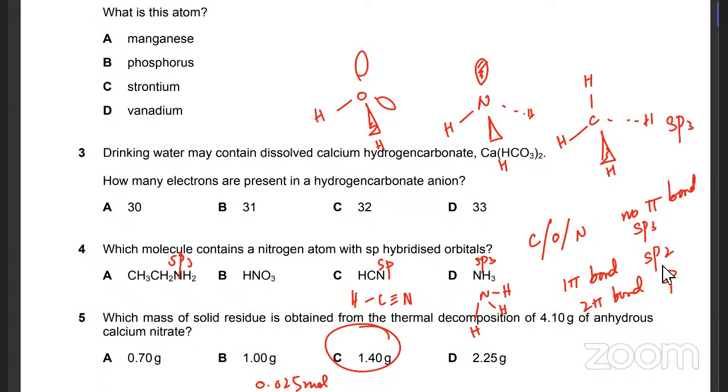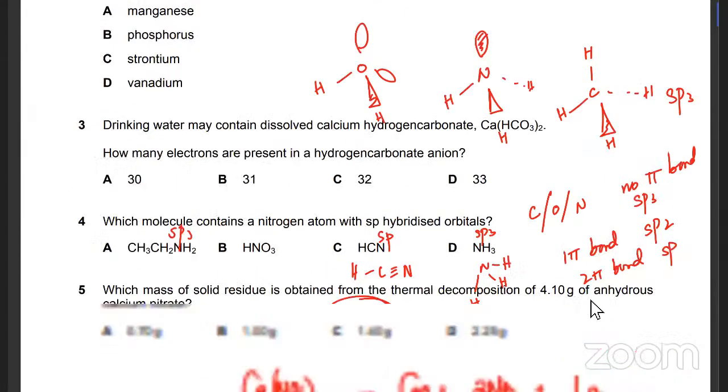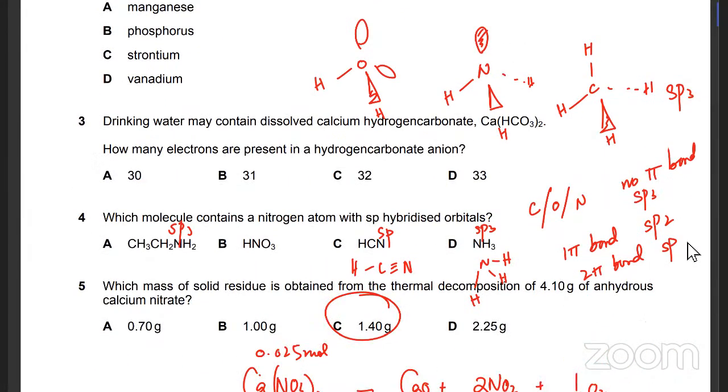If any of these three are not making any pi bonds, that's sp3. That's tetrahedral, although this would be trigonal pyramidal and this would be bent, but the basic shape is kind of the same. If it's making one pi bond, that's sp2 hybridized. And if it's making two pi bonds, that's sp hybridized.